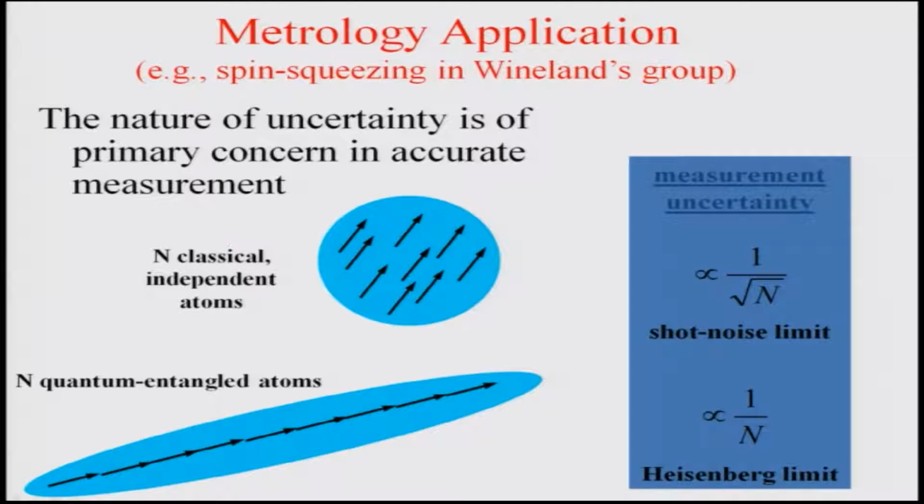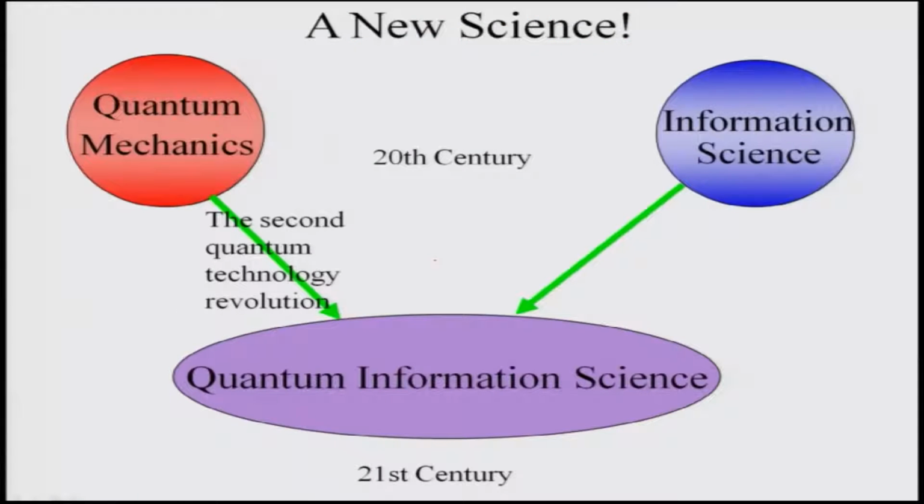For n classical independent atoms, they can be oriented in a certain way in a particular set. However, for n entangled atoms, it can be shown that the shot noise limit is possible with a larger accuracy. So these have heavy applications in metrology also, and this was one of the additional benefits shown by the Wineland group.